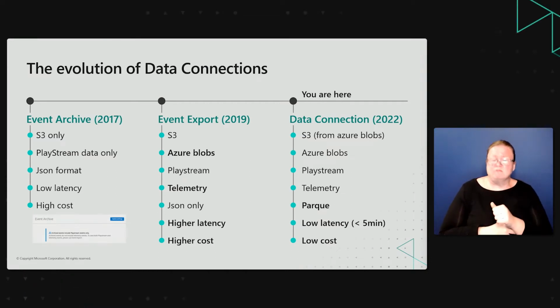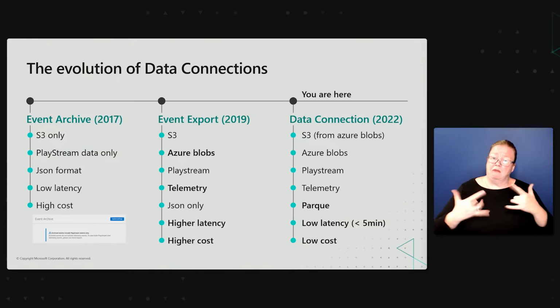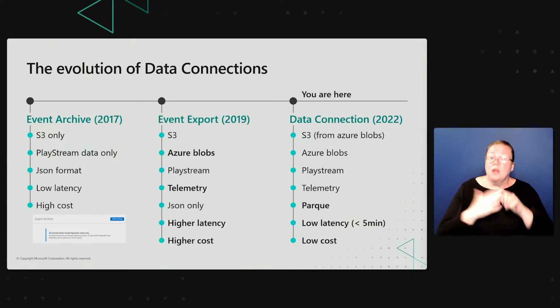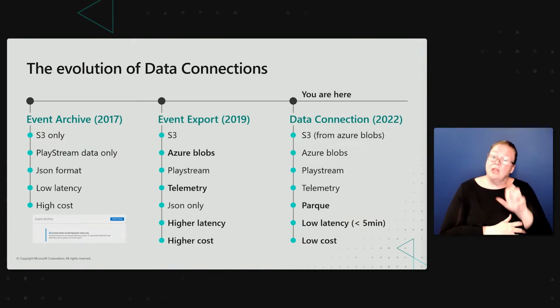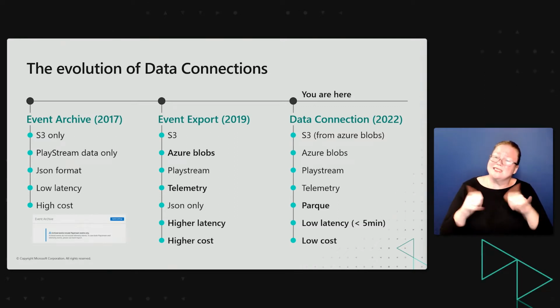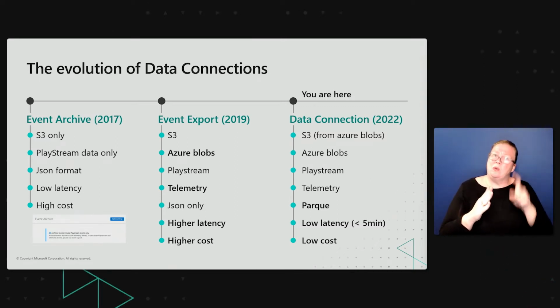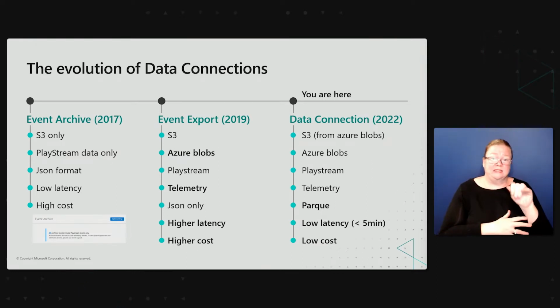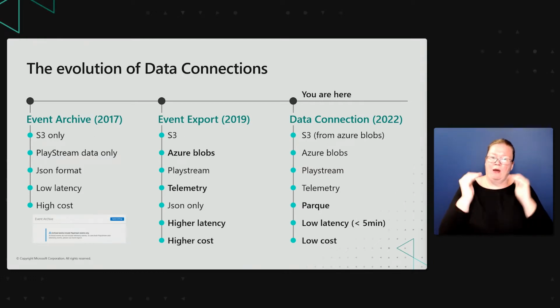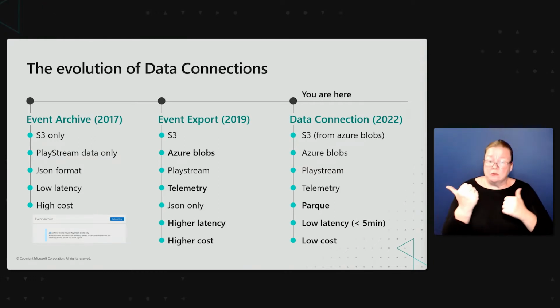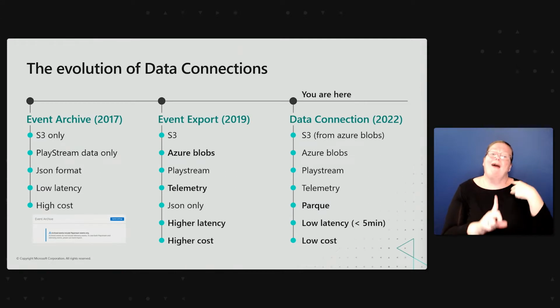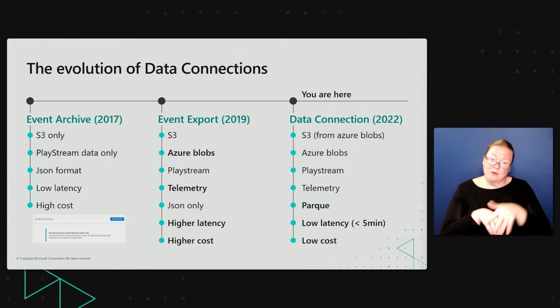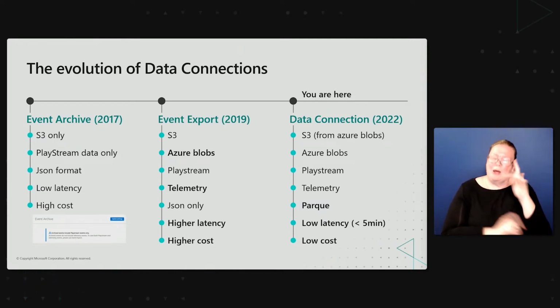A few years later, we offered Event Export, which started supporting Azure blobs and telemetry, but that came at higher cost because we had to ingest all events into Azure Data Explorer just to be able to export them later. Data connection is another step in this evolution. We now support Parquet format, and we come with lower latency and lower cost because you get much bigger blobs, fewer blobs, and low latency.